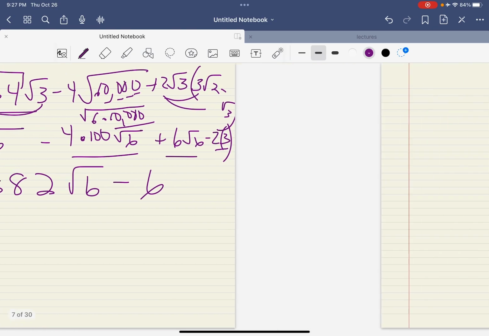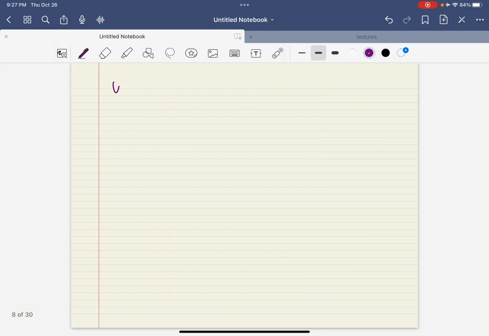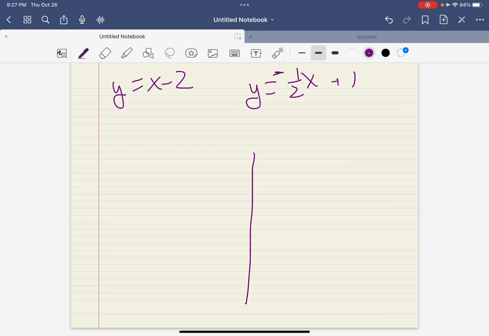Okay, solve by graphing, and then use substitution or elimination to check. All right, so they're already solved for y, so that makes it a lot easier.